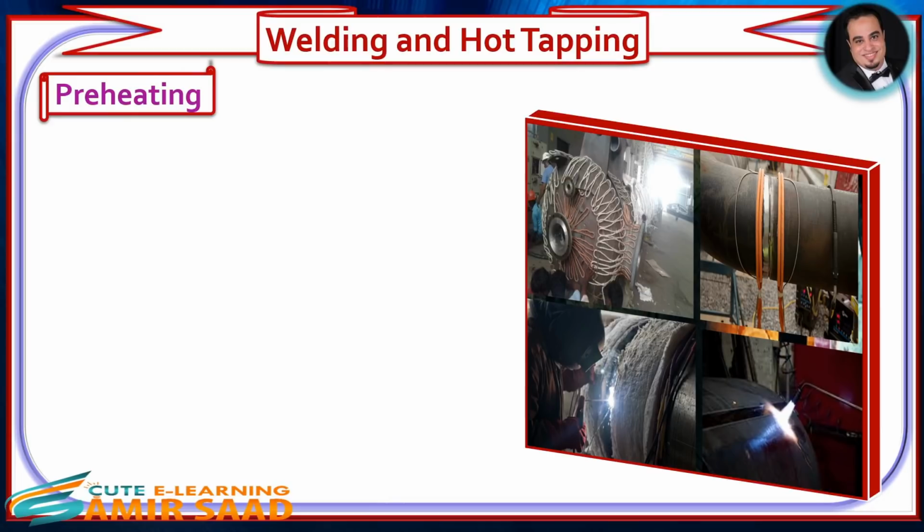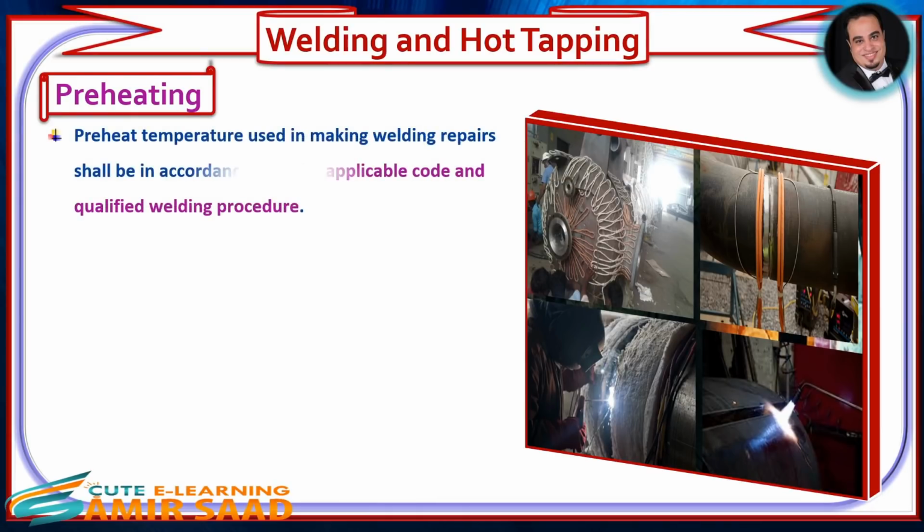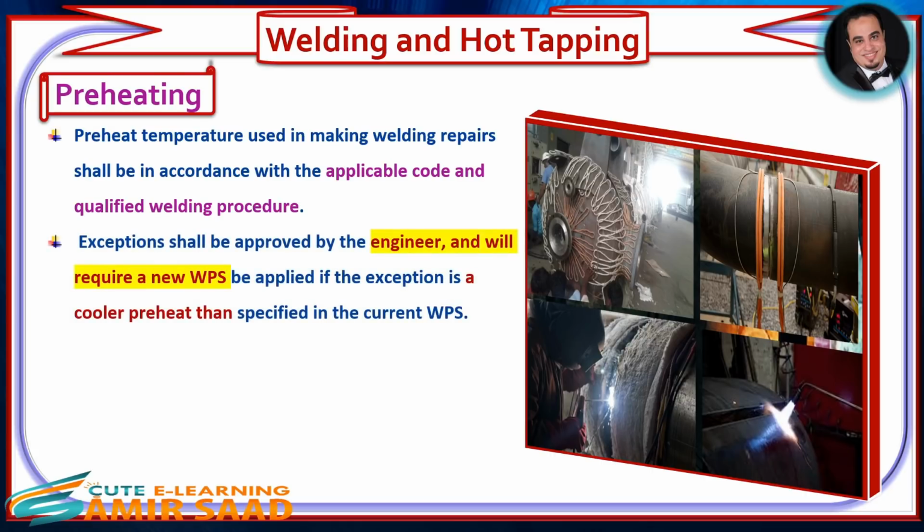Preheating. Preheat temperature used in making welding repairs shall be in accordance with the applicable code and qualified welding procedure. Exceptions shall be approved by the engineer, and will require a new WPS be applied if the exception is a cooler preheat than specified in the current WPS.